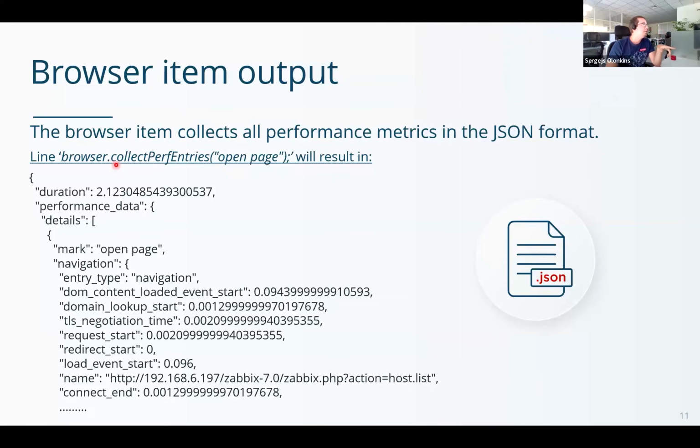For example, here you can see that we have typed open page just to say that the performance metrics were collected for opening the page. And in the received JSON, we will see a mark here with the data that we have written in this parameter.